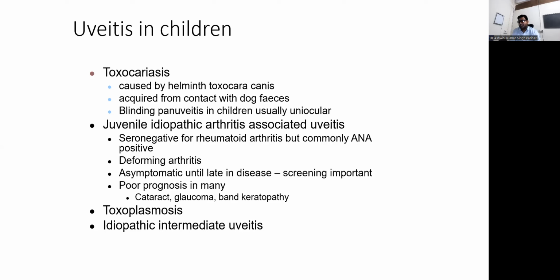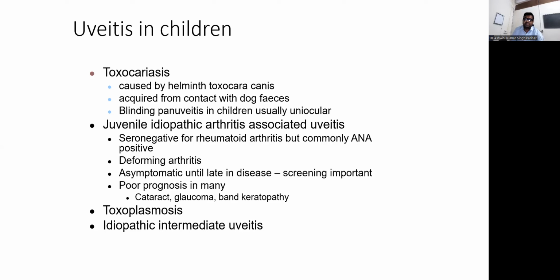The other condition which can cause uveitis is juvenile idiopathic arthritis associated with uveitis. This is a type of seronegative arthritis. The RF factor will be negative, but usually the antinuclear antibody will be positive.